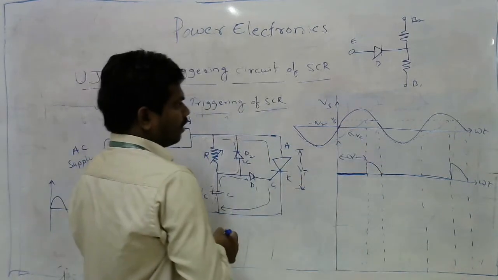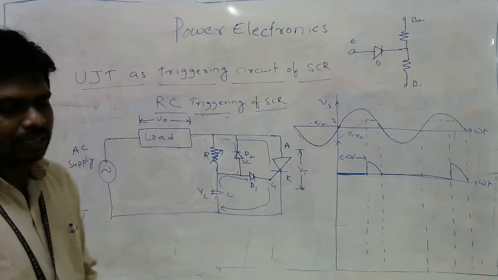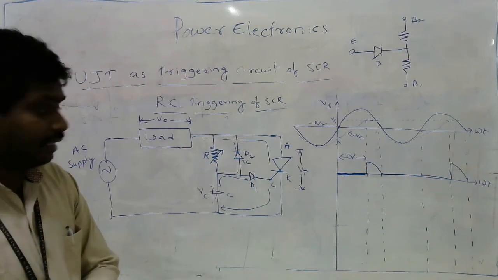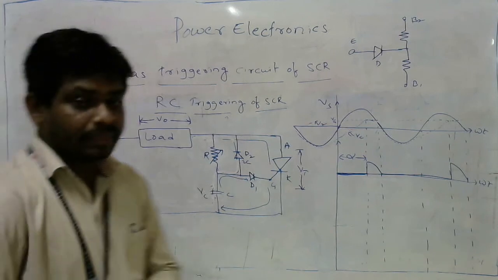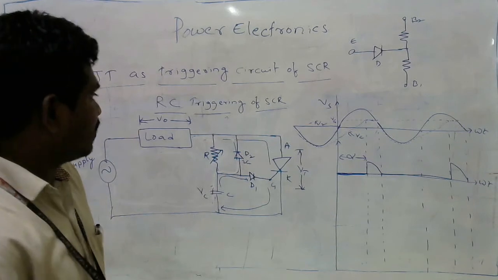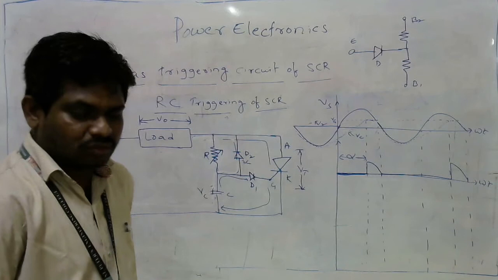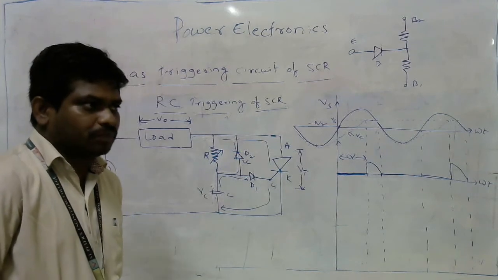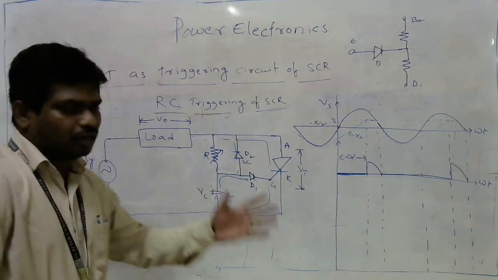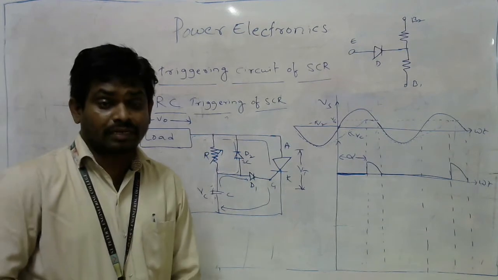Here in this diagram, alpha varies from 0 to 180 degrees, but in the case of the R triggering circuit of SCR, it varies from 0 to 90 degrees. R triggering is a question that was given in some competitive exams. What is the alpha angle in the R triggering circuit of SCR? This was a question given in previous question papers of some competitive exams, and we have options like 0 to 90 degrees, 0 to 180 degrees, 0 to 270, 0 to 360.